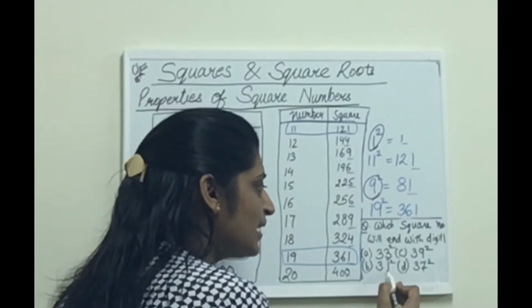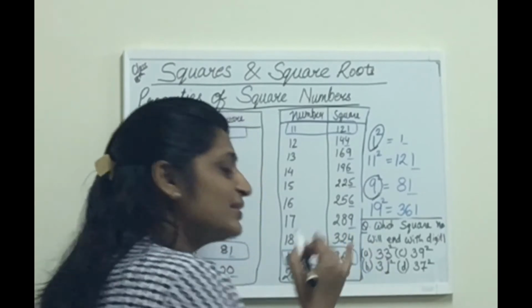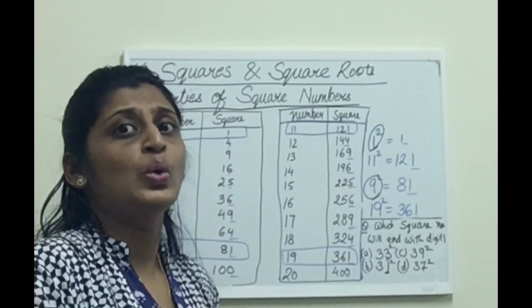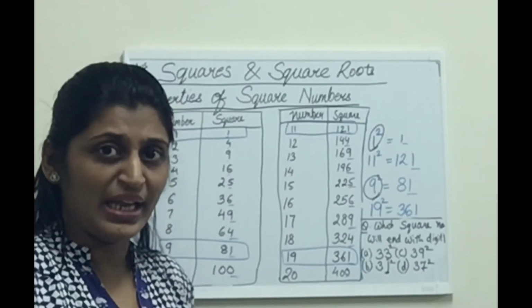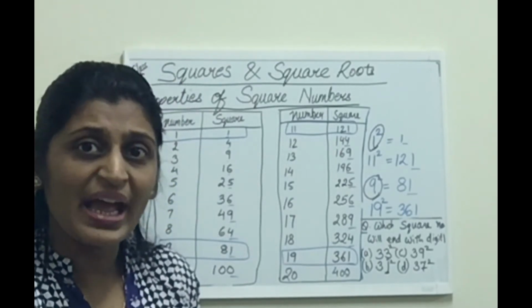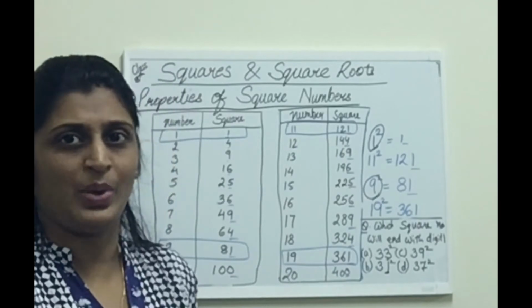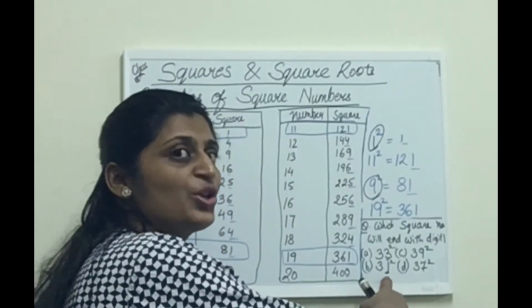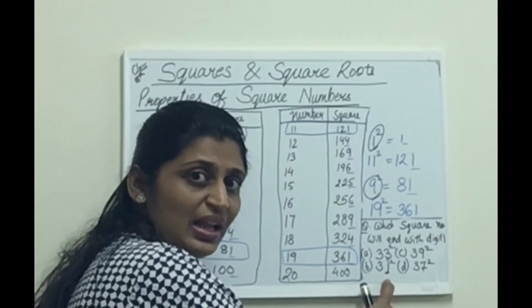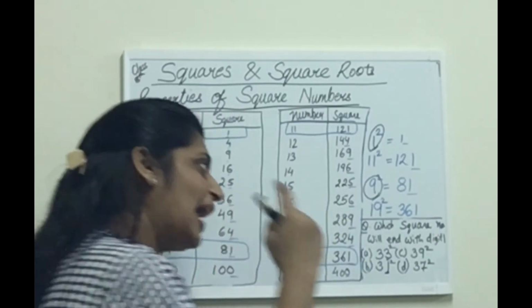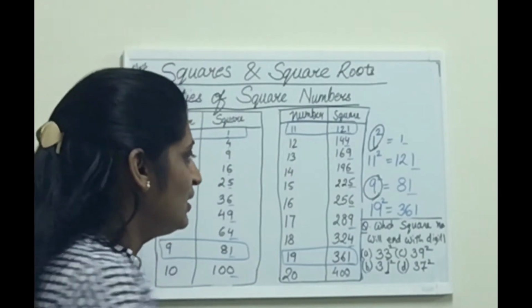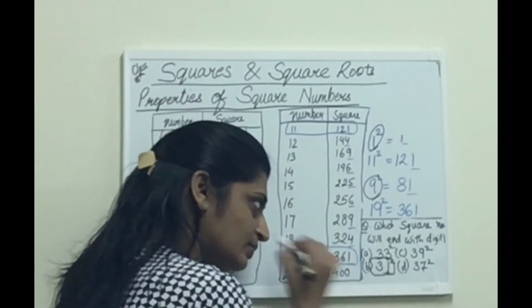The next number is 31. We have 1 at the unit digit, and we know that the number which ends with 1 gives a square which also ends with 1, right? The square of that particular number also ends with 1. So 31.